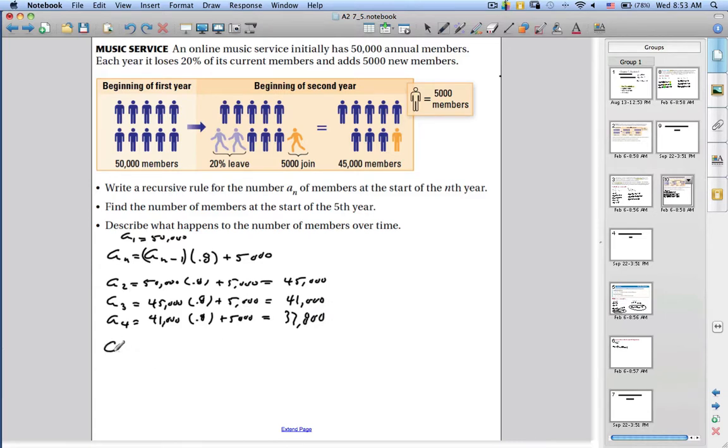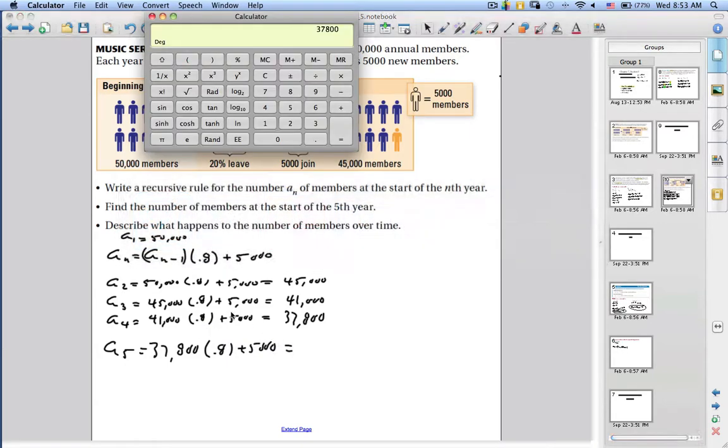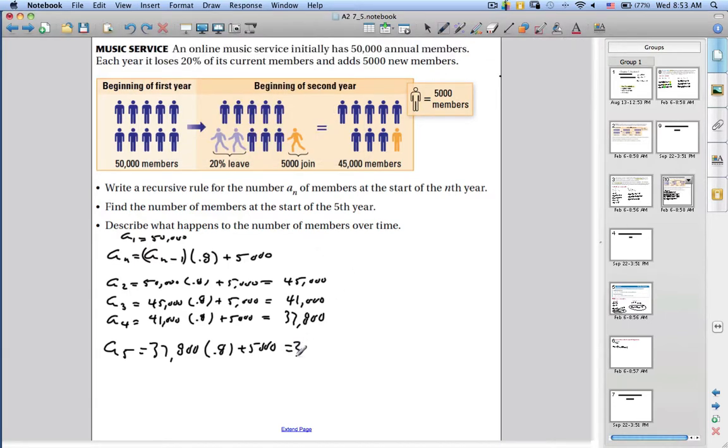All right, and if we go ahead and do the 5th year, 37.8 times 0.8 plus 5,000. We'll go back to the calculator. Times 0.8 equals plus 5,000 equals 35,240.